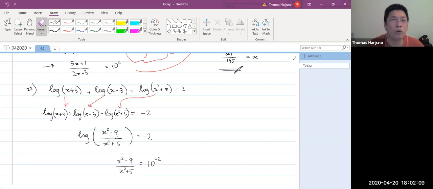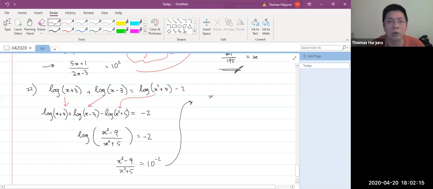Now, I do not recommend you to make it into decimal there, but let's rewrite them into fractions. So x squared minus 9 over x squared plus 5 equals 1 over 10 squared, which is 100. Okay, cross multiply, I get 100 times x squared minus 9 equals x squared plus 5.